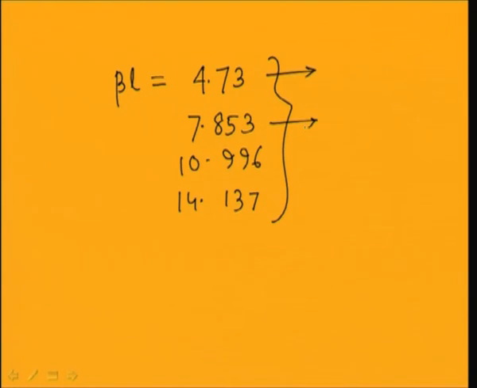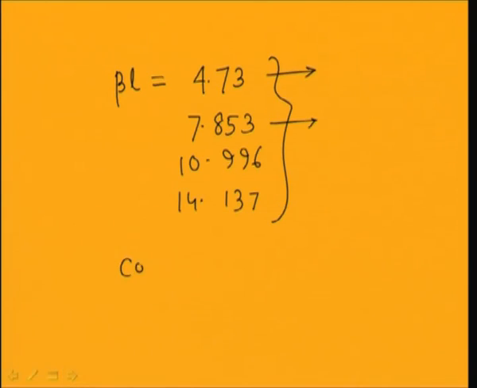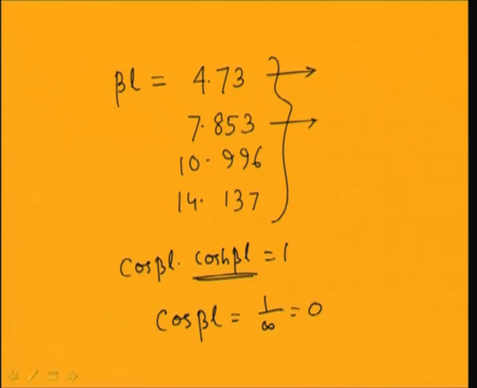Now for higher modes, similar to the previous case, cos(βL) cosh(βL) equals 1. For higher values of βL, cosh(βL) tends to infinity, so cos(βL) equals 1 by infinity, which becomes 0. As cos(βL) equals 0, you can find βL.